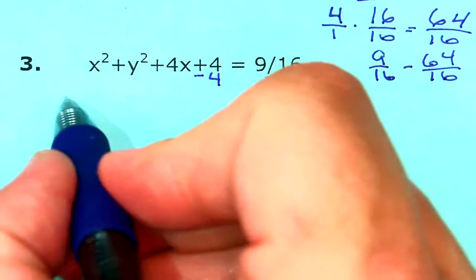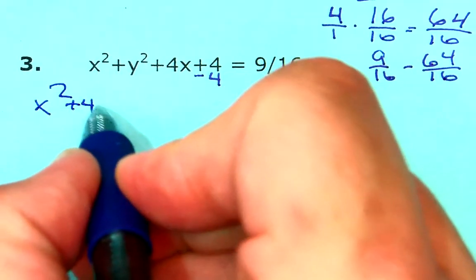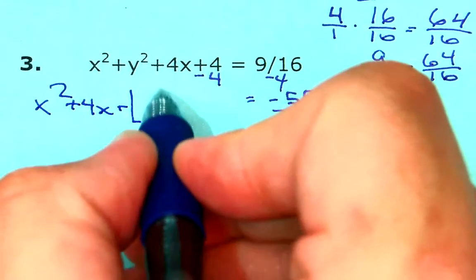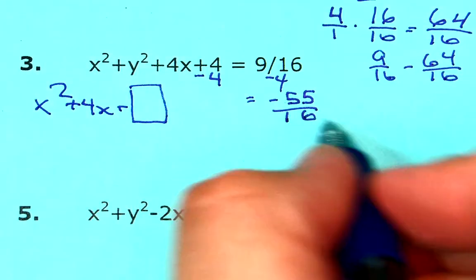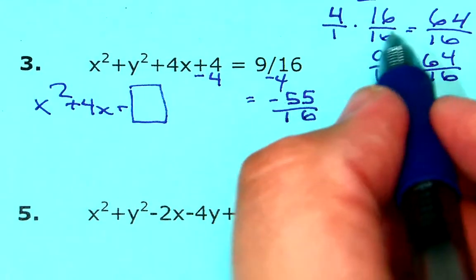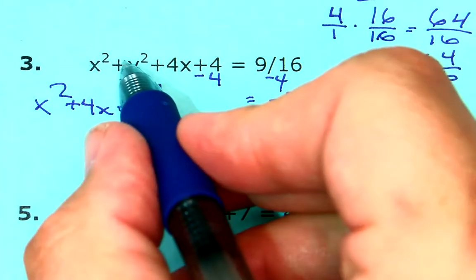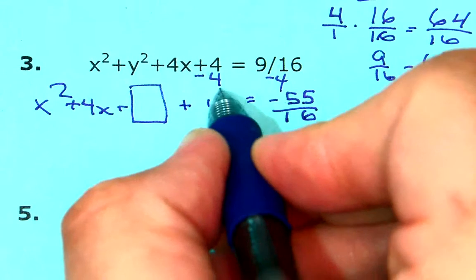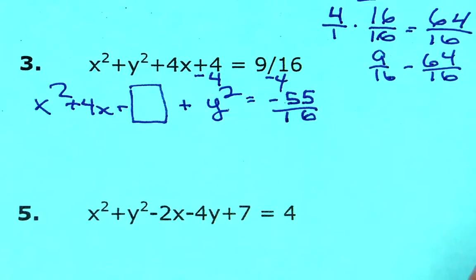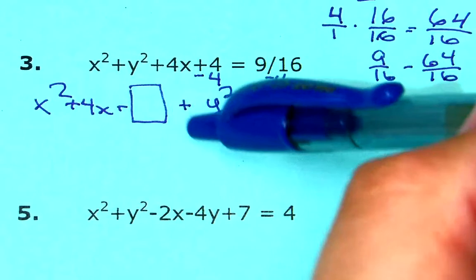Now, what I'm going to do is take my x squared plus 4x plus something here, 16. And then I have another y squared, but nothing else. So it's just going to be plus y squared. When it's just plus y squared, we don't have to complete a square with that term.